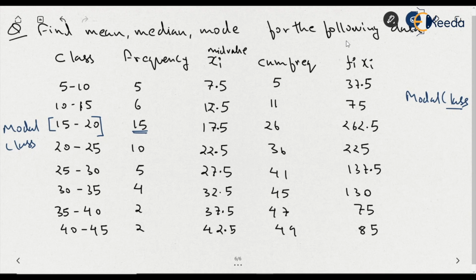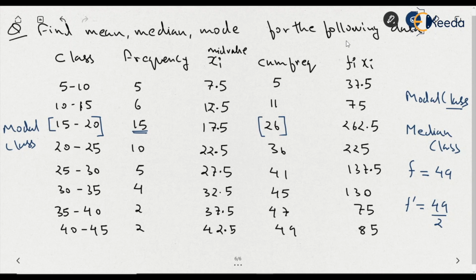The next is median class. For median class, we'll have to see the sum of all frequencies, and this will be very easily reflected at the cumulative frequency. The last cumulative frequency gives the sum of all. So this is 49. So we are looking for a frequency interval which has the frequency 49 by 2, so approximately 25 or 24.5. This will be coming in this region. Why?